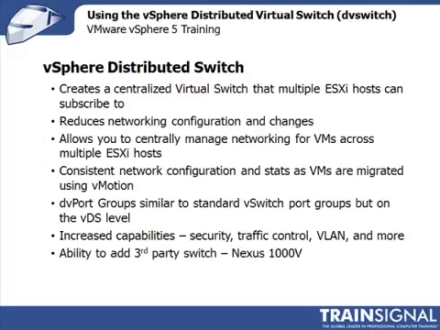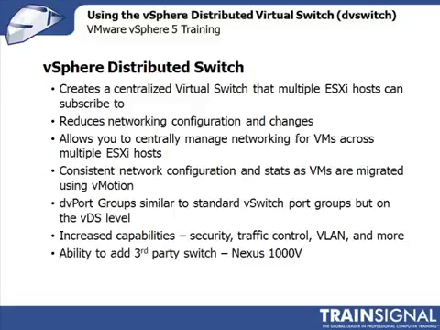Instead of making a change on each ESX host, you now make it on a centralized virtual switch, and any ESX host that is subscribed to this virtual switch gets access to the same port groups, same subnets, same networks, etc. You can see how this can reduce configuration and change time, because you're not having to do this multiple times. This also reduces the window of error because you're doing it once.